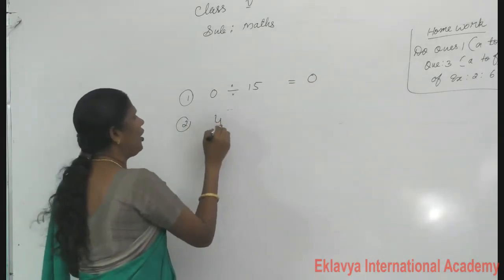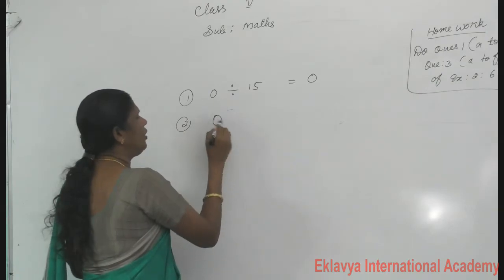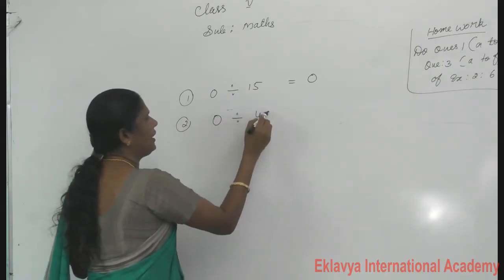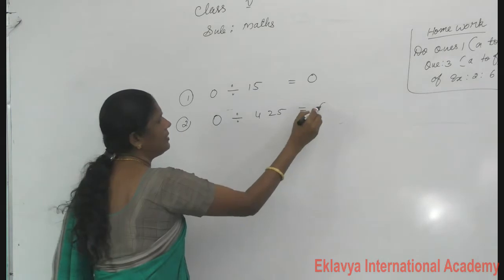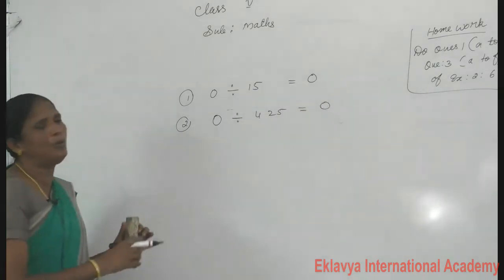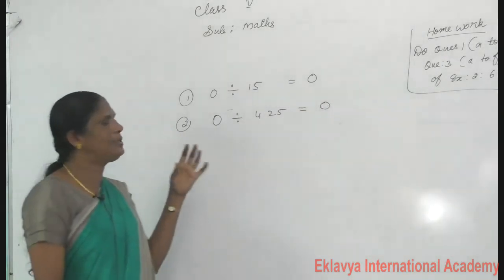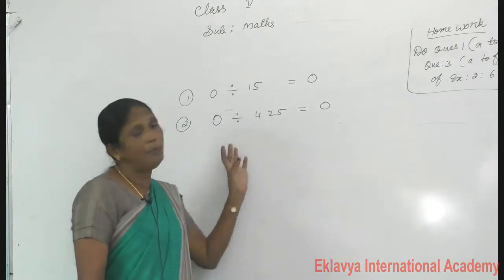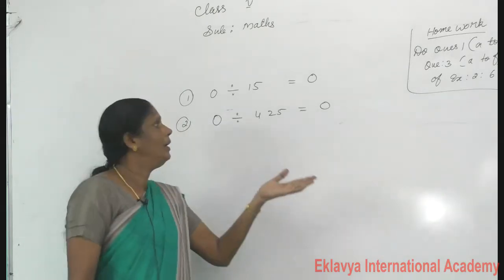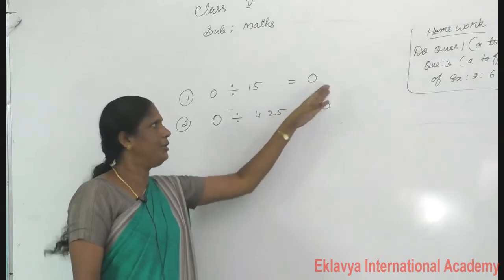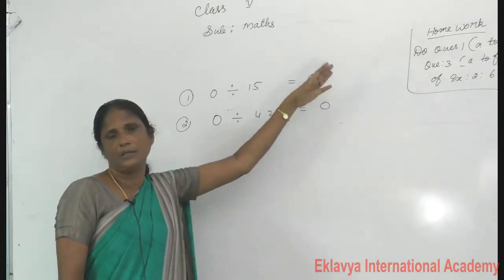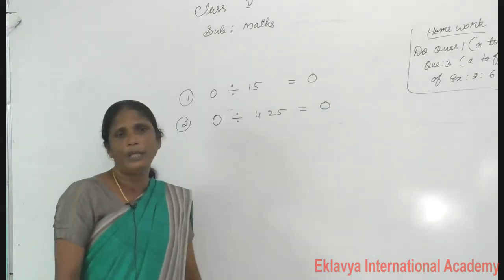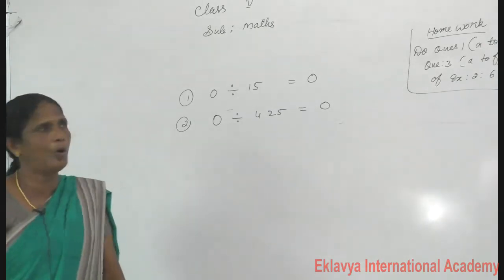Second, 0 divided by 425, we get 0. What is the 0 property? When we divide 0 by any number, the result is 0. That property is called the 0 property.